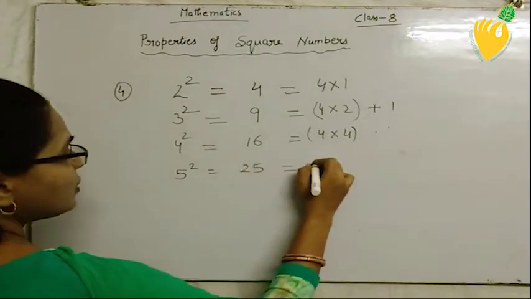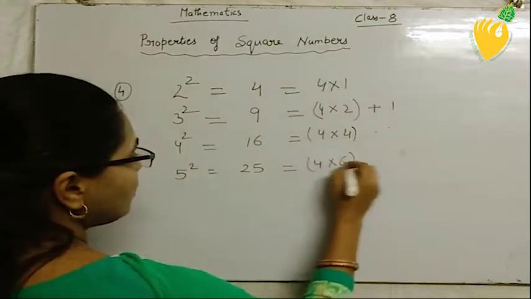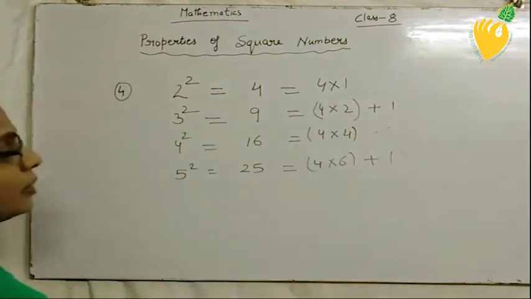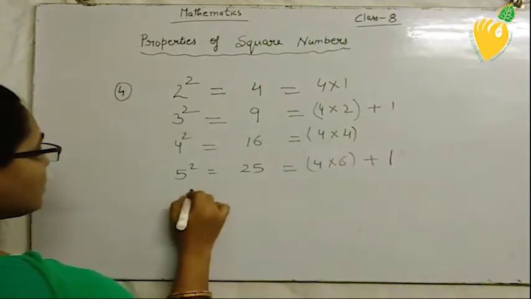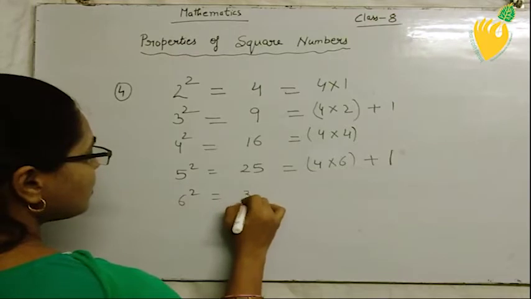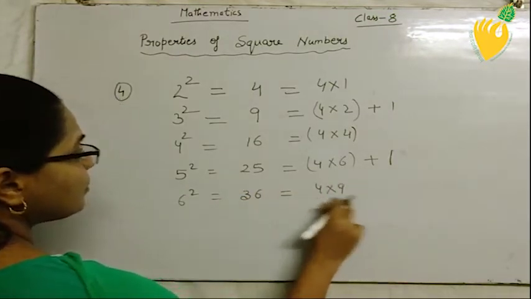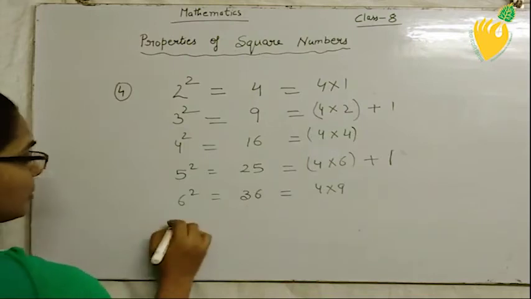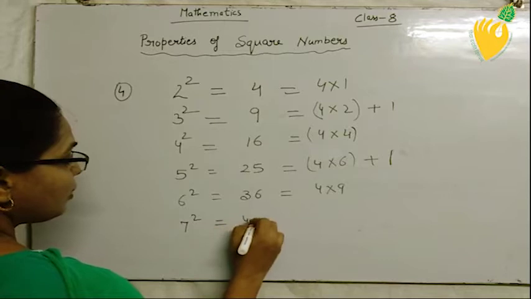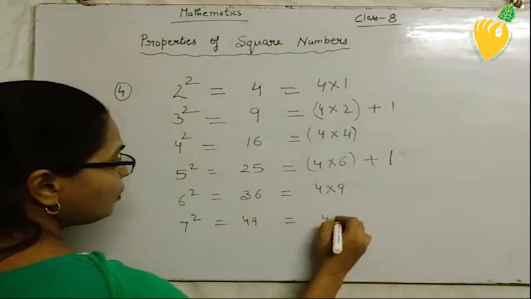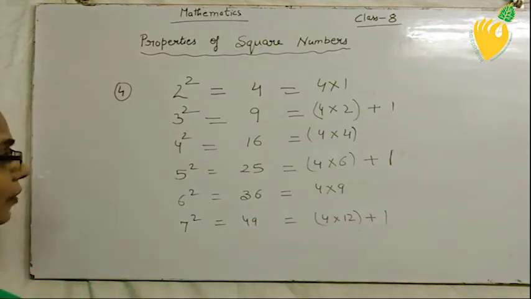5 square, students, is 25, which is 4 into 6, that is 24, plus 1, so it exceeds the multiple of 4 by 1. 6 square is, students, 36, which is 4 into 9, a multiple of 4. 7 square is 49, which is 4 into 12, that is 48, plus 1, so it exceeds the multiple of 4 by 1.